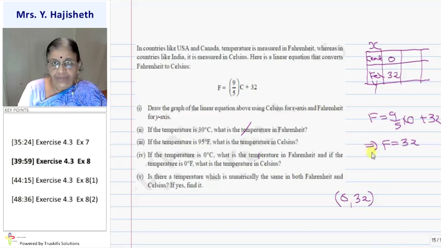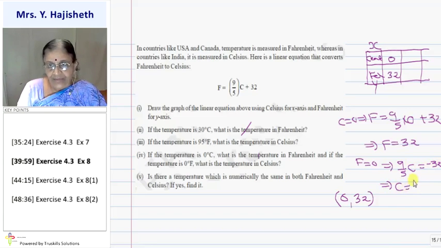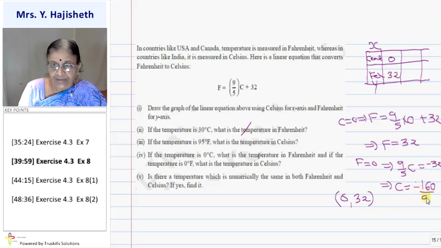एंड दूसरे में हम F 0 ले लेंगे. F is 0 implies 9 by 5 C plus 32 is 0, so 9 by 5 C is minus 32. So my C will be minus 32 into 5 upon 9. So क्या आएगा? फ्रैक्शन में आएगा, है ना? 32 पाँच जा 160 upon 9. So it is minus 160 by 9. Clear?